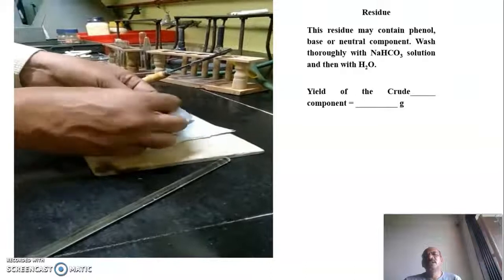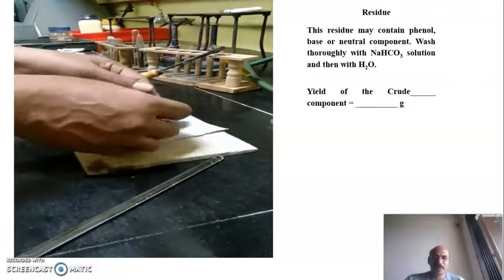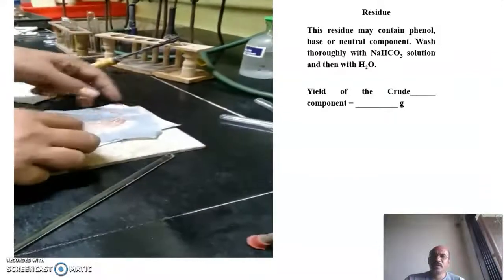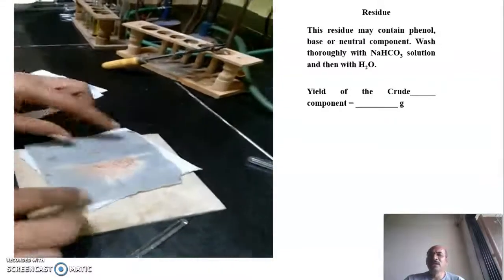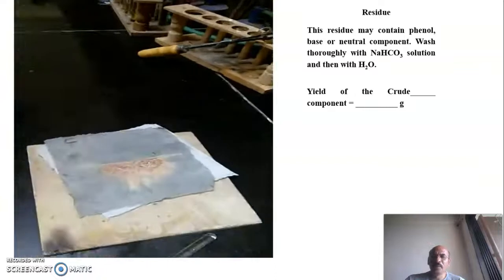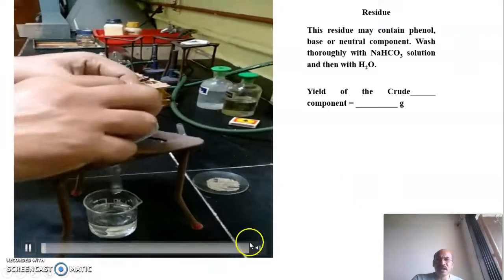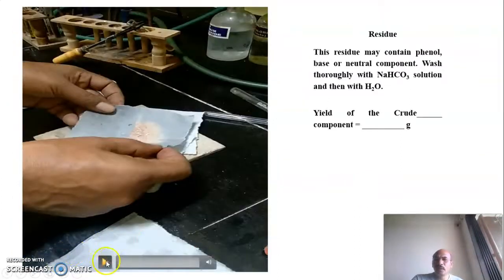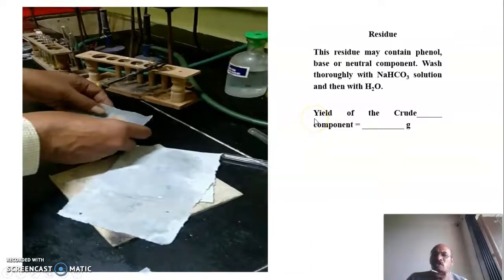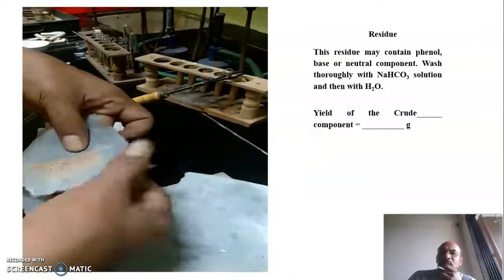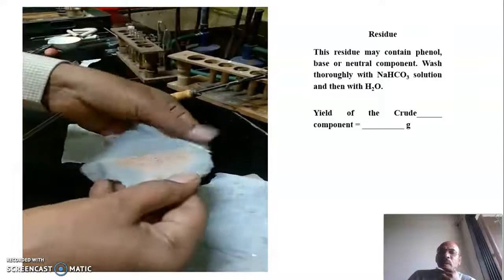Now this is the second component remaining unreacted. In this case it is phenol. I have taken a mixture of acid and phenol. Then we have to proceed to the next step, that is drying. We will keep that residue for drying on a boiling water bath.